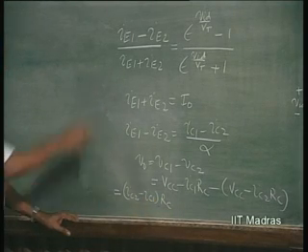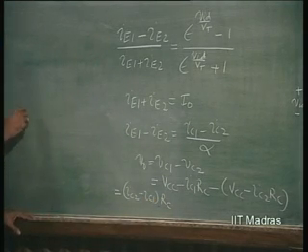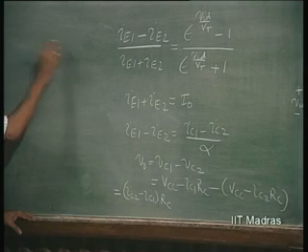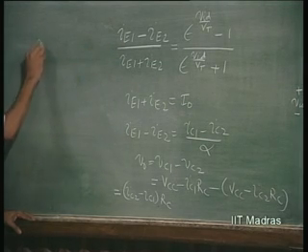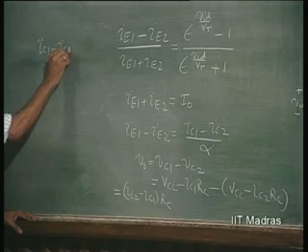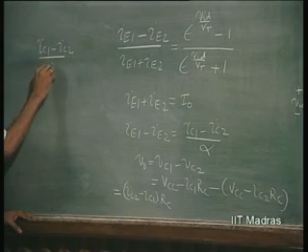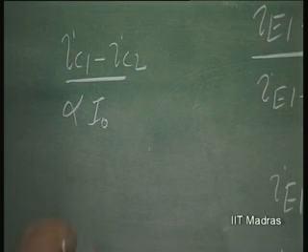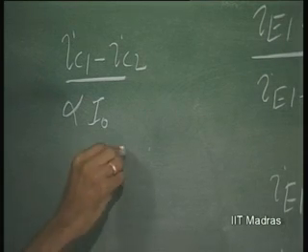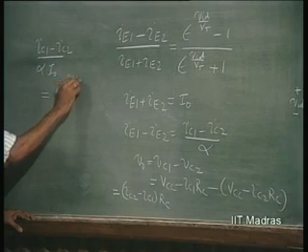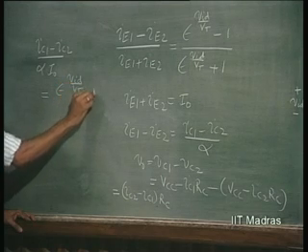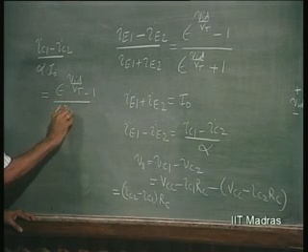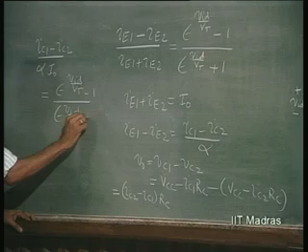And therefore, we can rewrite this equation as IE1 minus IE2 is IC1 minus IC2 by alpha into I naught, IE1 plus IE2 being equal to I naught. This is equal to exponent VID by VT minus 1 by exponent VID by VT plus 1.